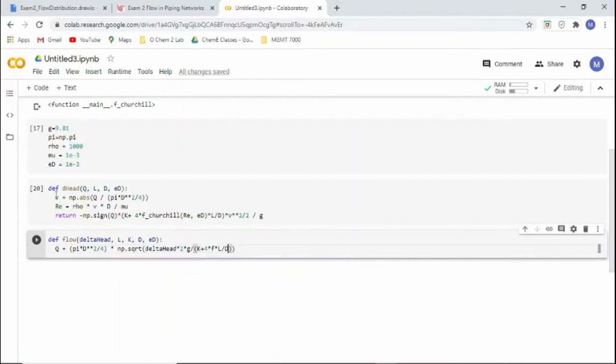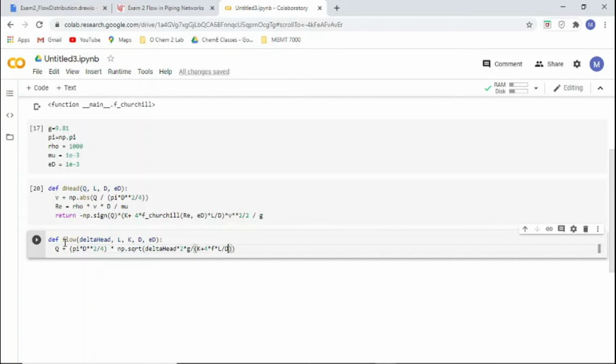So in this part here, we're trying to find the change in head when we know the flow rate. Because we know the flow rate, we can find the velocity, which in turn gives us the Reynolds number. And that is used to find the change in head using also the Churchill equation. But down here, we're basically doing the opposite.